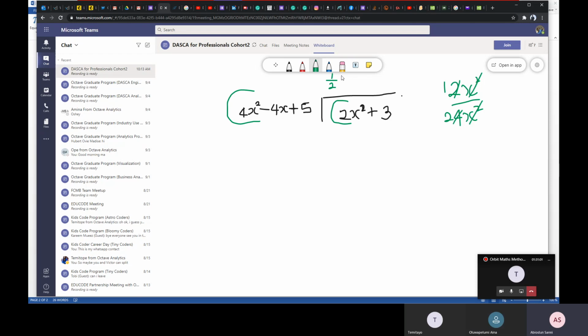Now you use this 1 over 2 to multiply everything here. 1 over 2 times 4x squared is 2x squared. 1 over 2 times minus 4x is minus 2x. Is that right?